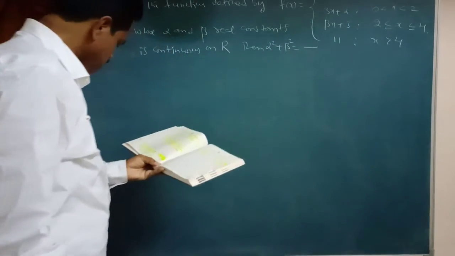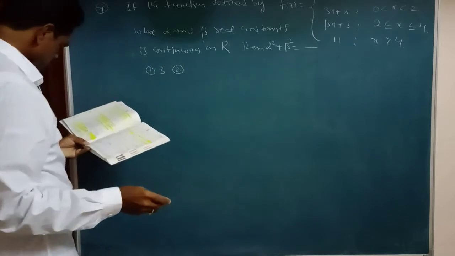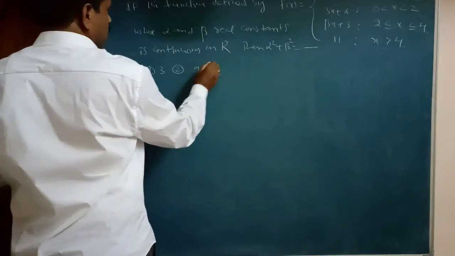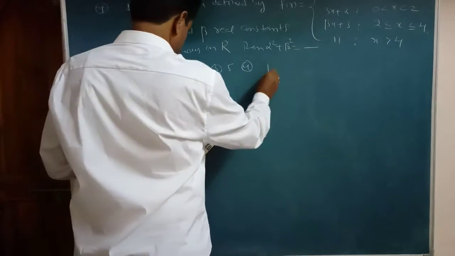So first option is 3, second option 9, third option 5, fourth one is 1.